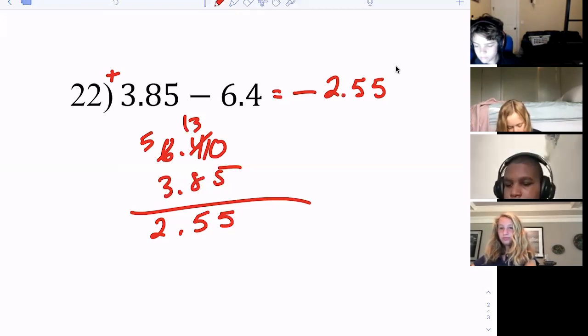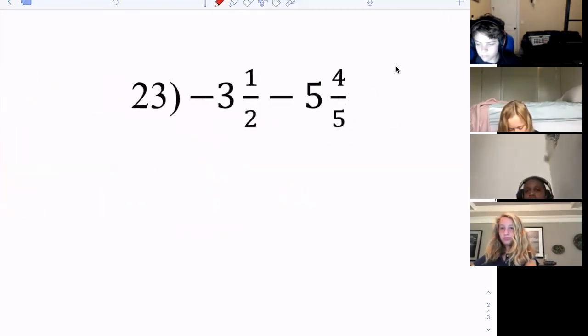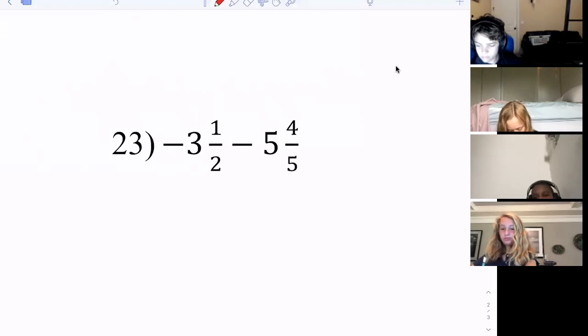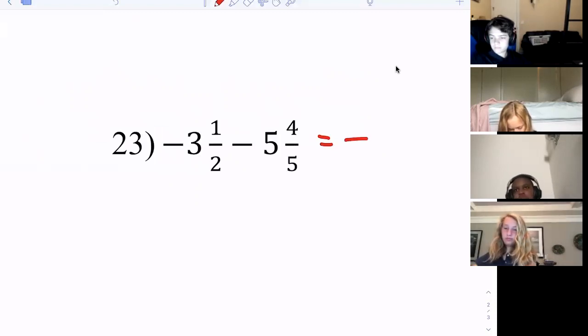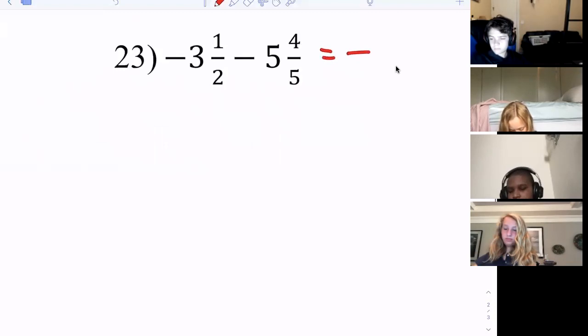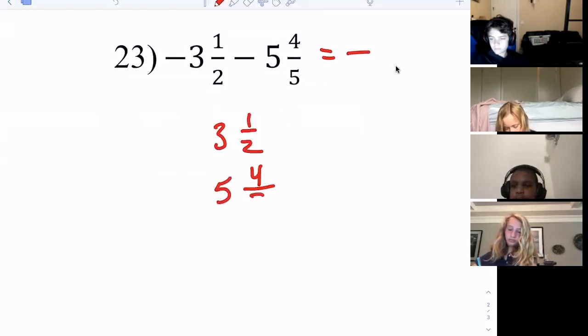All right, here we go with 23. Now, once again, both fractions are negative. So what do we have to do to these two fractions? Add them or subtract them? Say it again. You add them, that is correct. My final answer is going to be positive or negative. Negative. It's definitely going to be negative. All right, so we're adding 3 1/2, 5 4/5.